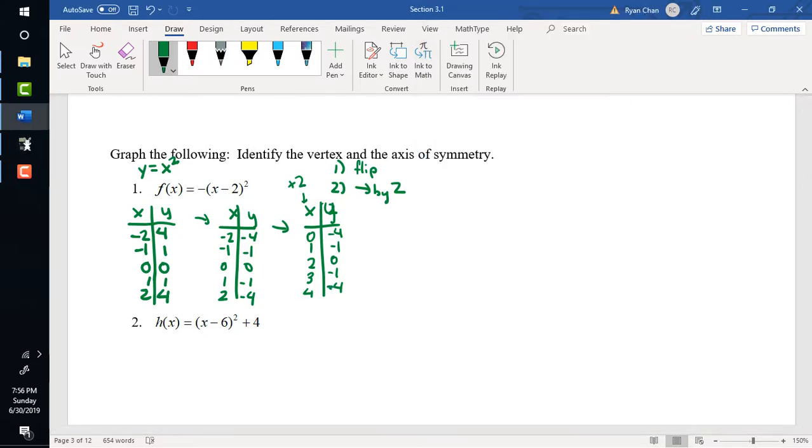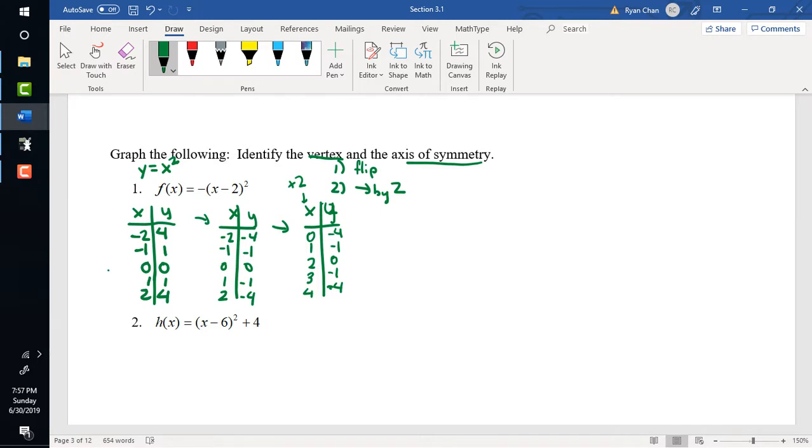Now, sometimes you'll also be asked to find the vertex and the axis of symmetry. So the idea is your vertex and your axis of symmetry can also move as well. Now, earlier in the notes, it says your vertex does not move through stretch or flips, but it does move by shifts. So let's talk about this.